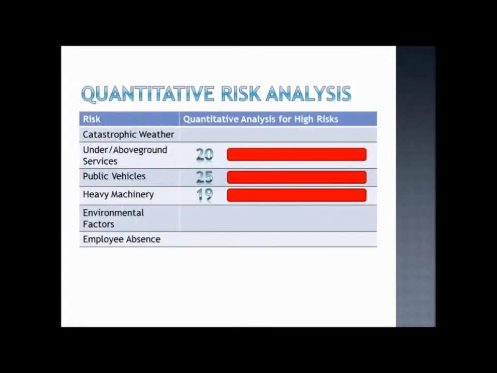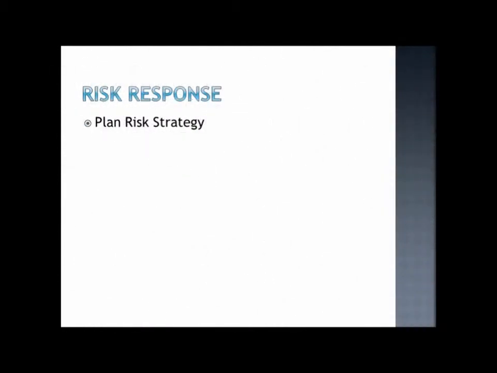For this project, quantitative analysis is carried out for all the high-risk events identified during the qualitative analysis phase to assist future decision-making. After analyzing the project risks, it is necessary to plan responses to these. For each risk, a strategy is formed to deal with the identified risk.